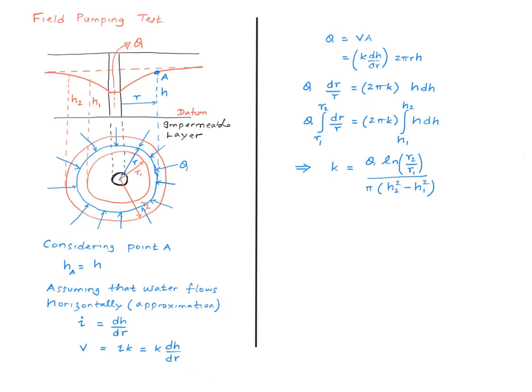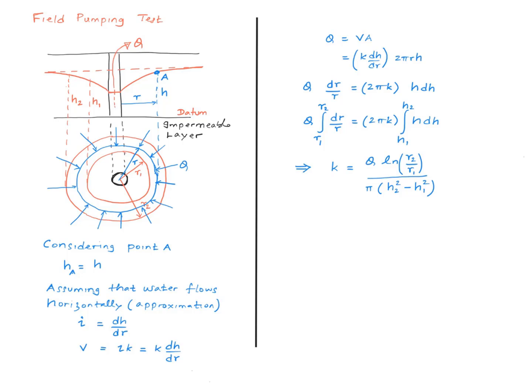So to start the analysis, let me take point A and define the total head at that point. Taking this as the datum, then this is the elevation head, and the pressure head at that point is 0 because this is now exposed to the atmosphere. And therefore the hydraulic gradient for a horizontal flow is going to be dH over dr. In other words, a gradient of the head in the radial direction, right?